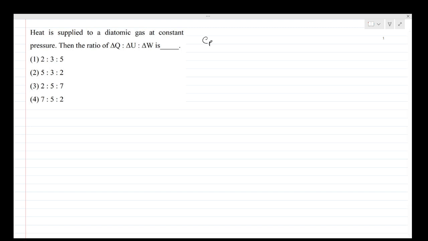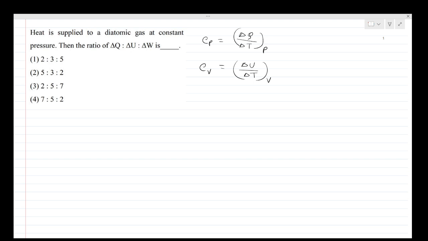The molar specific heat at constant pressure can be written as Cp equals delta Q by delta T at constant pressure P. Again, we write Cv because the change in internal energy depends only on the change in temperature, irrespective of the change in pressure and volume of a system. So we can easily write that Cv equals delta U by delta T at constant V.